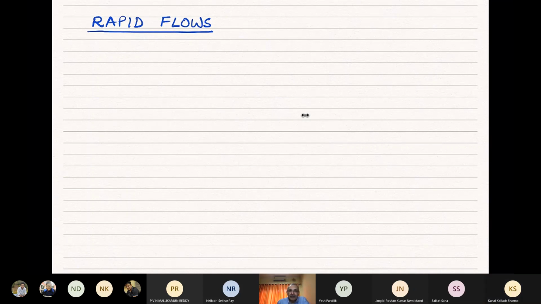Okay, so here we are looking at the case where you actually have the inertial number. So now we are jumping to a new topic, and we are looking at rapid flows where the inertial number I is larger than 0.1.